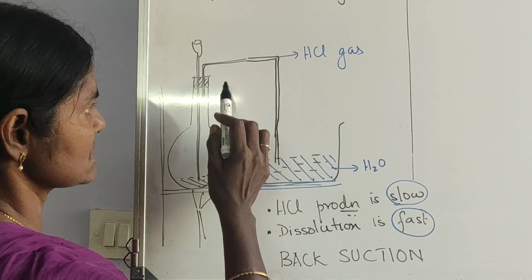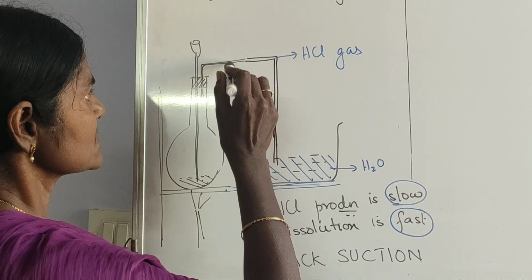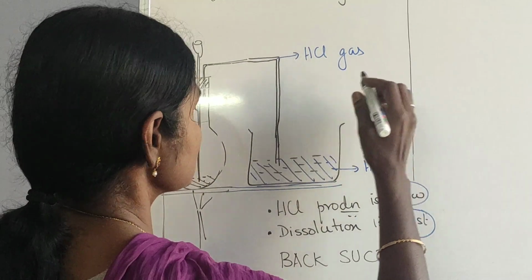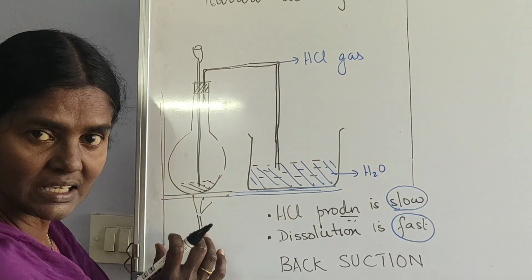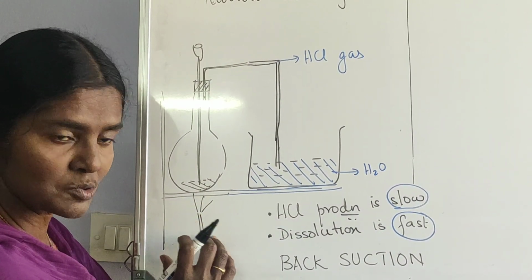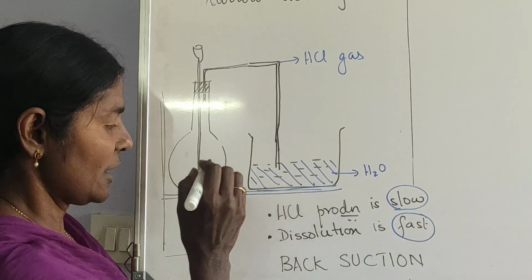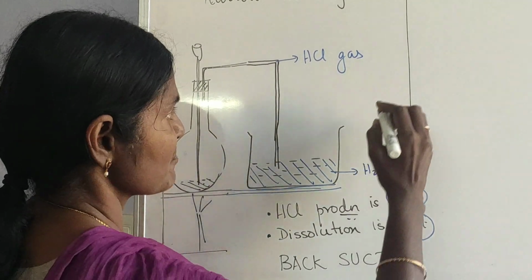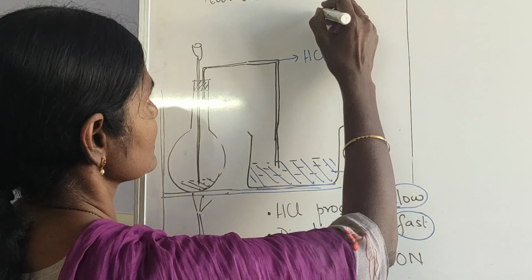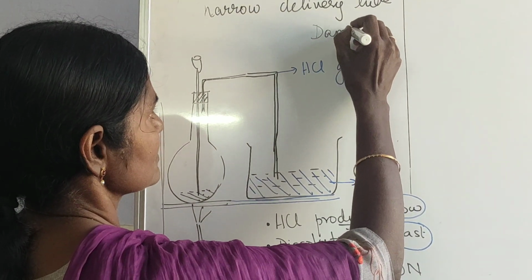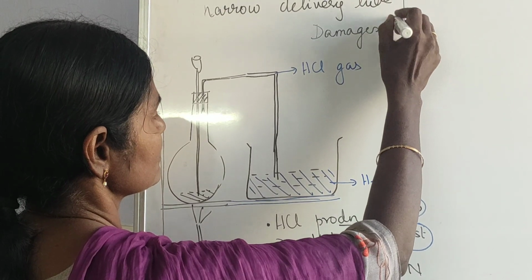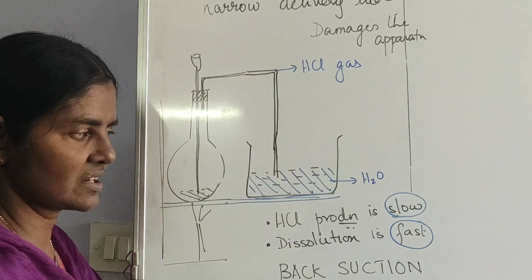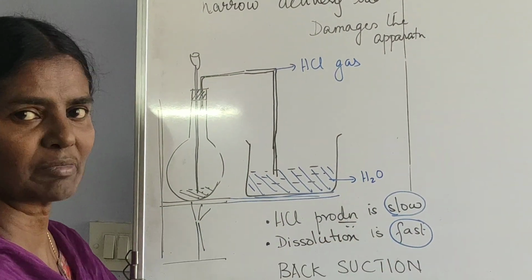And remember, this is hot, it's getting heated at around 200 degrees Celsius. So at that temperature, when the liquid goes in, it damages the apparatus. So back suction damages the apparatus and it is not practically feasible.